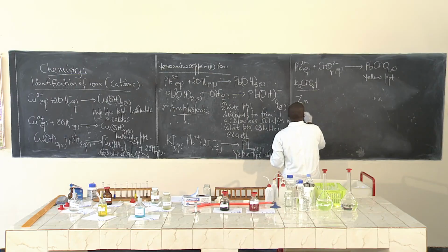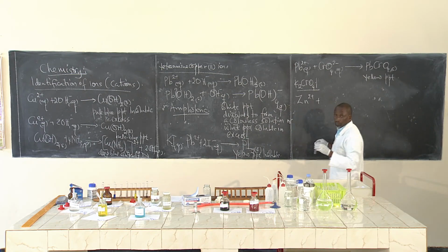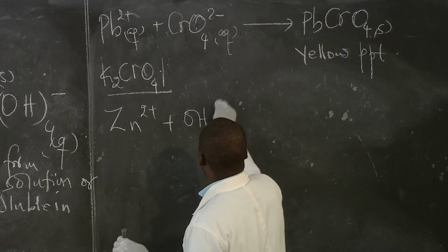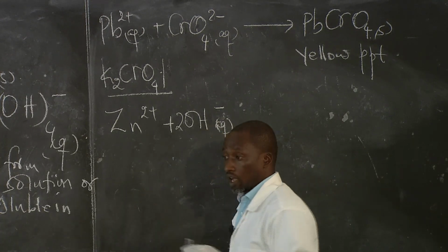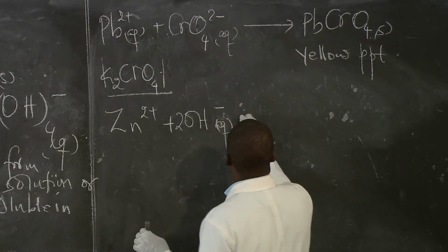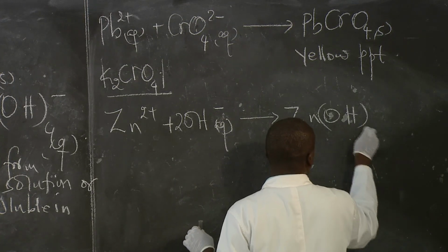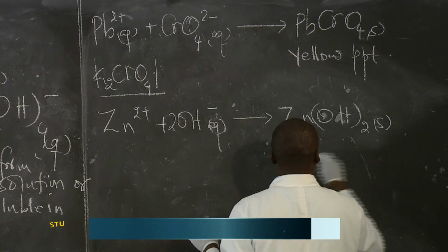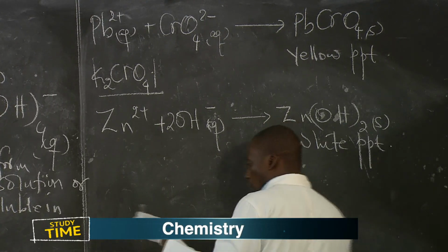So with the zinc, when you add sodium hydroxide, we are adding the hydroxide ions. The hydroxide ions, remember, are coming from sodium hydroxide. Then you get zinc hydroxide. This is the white precipitate.